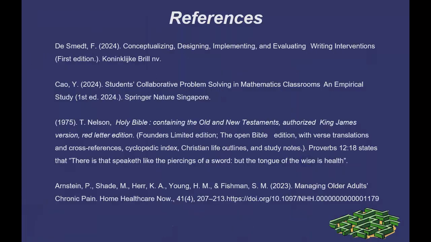Some of my references include DSMEC F 2024, KOY 2024, a 1995 T. Nelson Holy Bible containing the Old and New Testament.